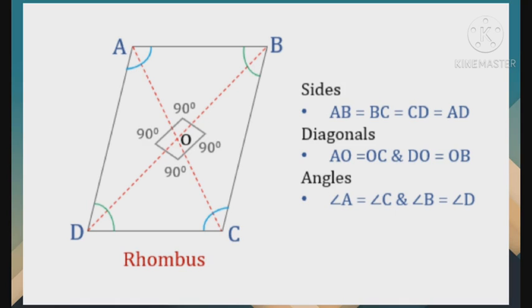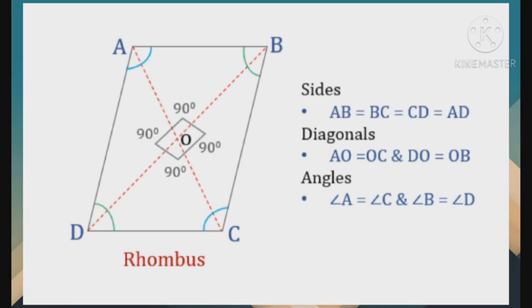Next is rhombus. Okay, see here in this figure, ABCD. AB is equal to BC is equal to CD is equal to AD. That means all four sides of a rhombus are equal, first property. And diagonal AO is equal to OC, DO is equal to OB. That means diagonals bisect each other. And you can see in the figure, diagonals intersect at 90 degrees.